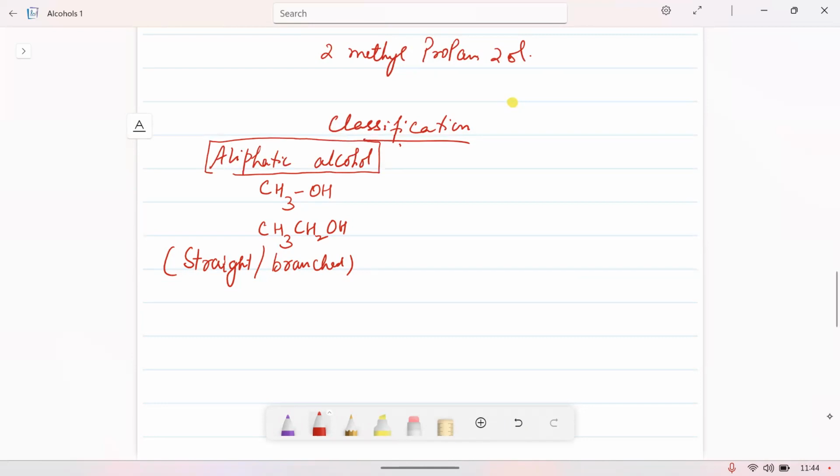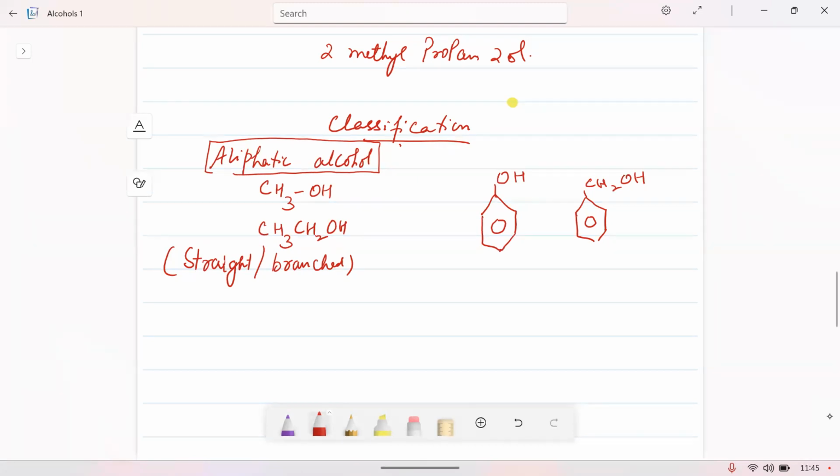Then there is a possibility, you will study these kinds of things at the A2 level, that there is a benzene. This is called a benzene ring. Right now, no need to worry about the exact structure. In this case, there is a possibility that the OH is directly attached to the benzene ring, or the OH is attached to the side chain. There are two possibilities.